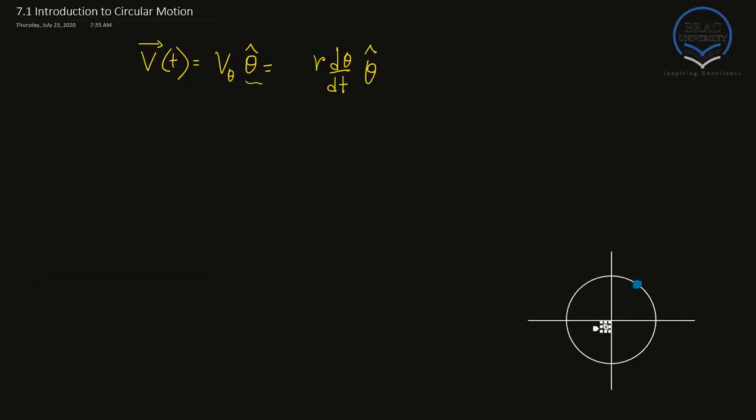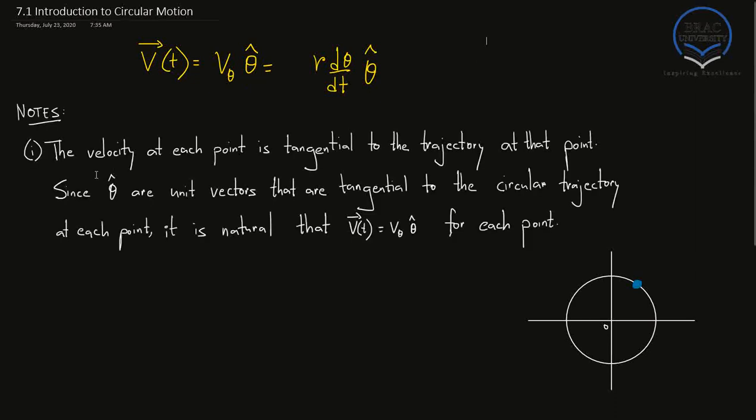Well, now that we've shown that v t equals r d theta by dt theta hat, or v theta theta hat, where v theta is a constant, we can talk about all this in a bit more detail. So some important points to note: number one, as we know, if we have some kind of motion, the velocity at each point of the trajectory is tangential to that point, right? So what about theta hat?